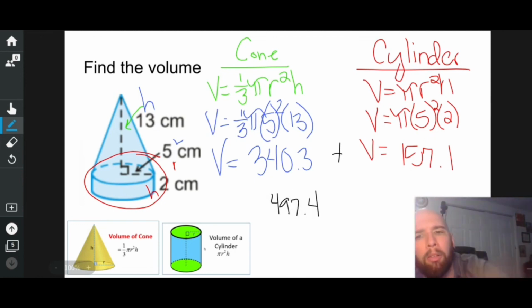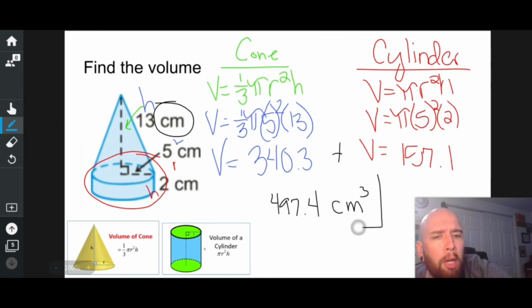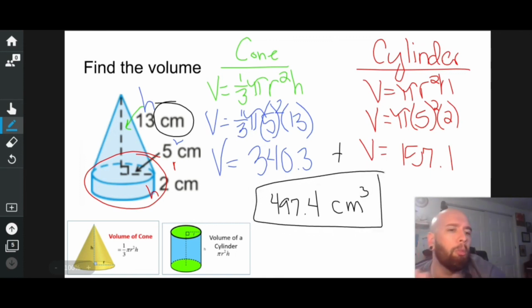My unit of measure is centimeters. I'm talking about volume here, which is a cube.